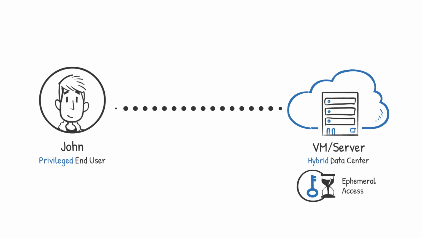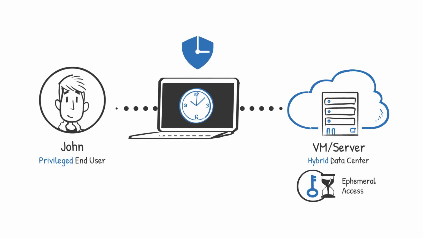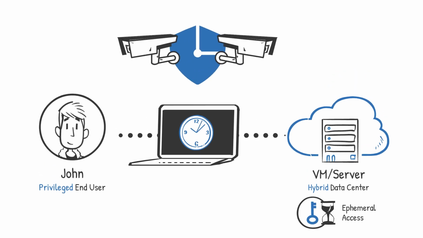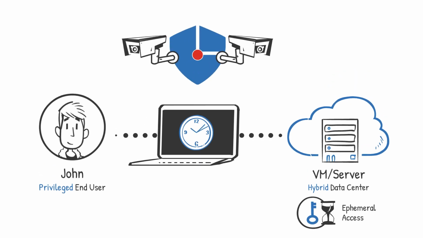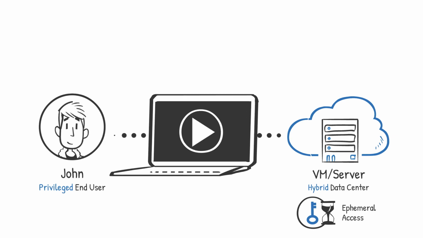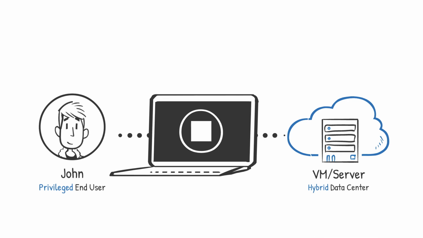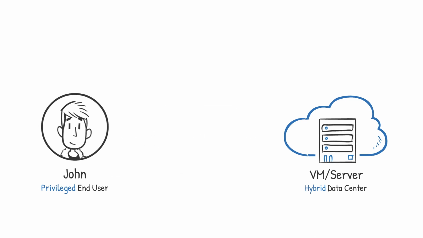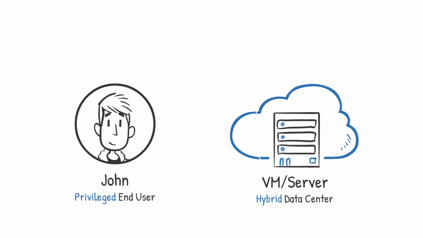Now John has an isolated and secure session on the target for the duration specified in the access policy, and all his activities are monitored and recorded for auditing purposes. When a session ends, either by John or by DPA due to John's inactivity or policy restrictions, his access will be deprovisioned to prevent standing access.